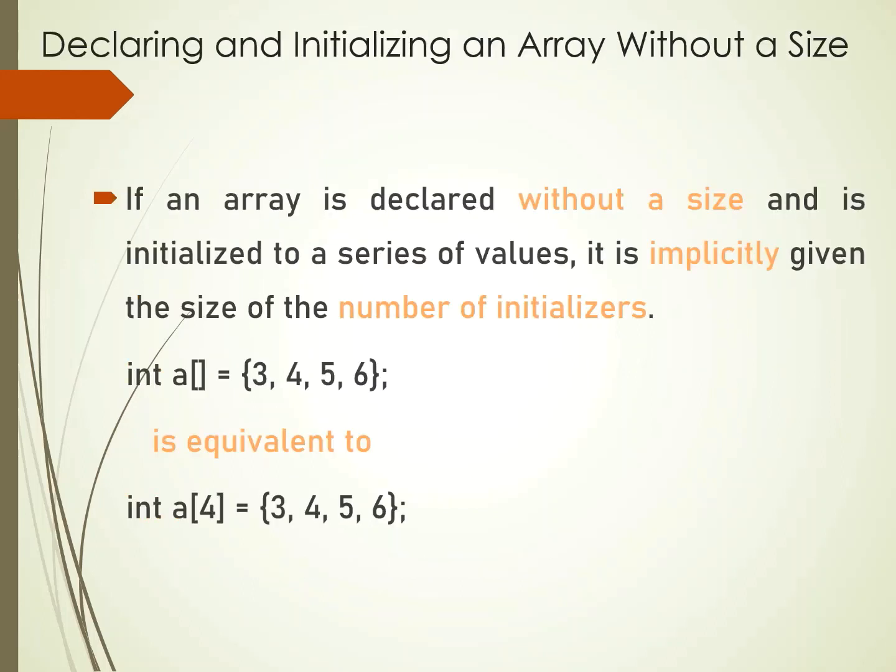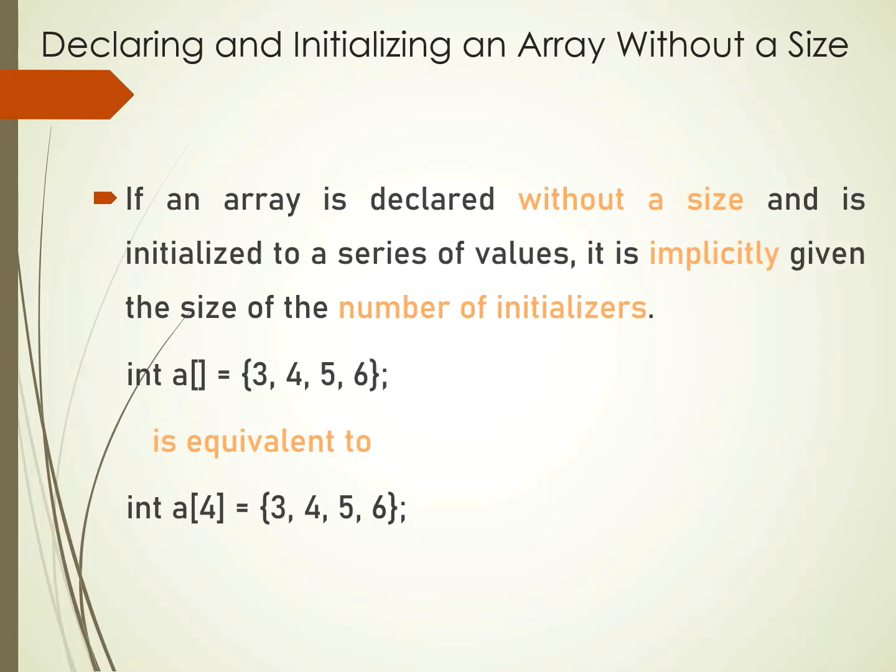There exists an alternate method for declaring and initializing an array, that is by not specifying the size of the array. Empty square brackets are allowed following the array name.